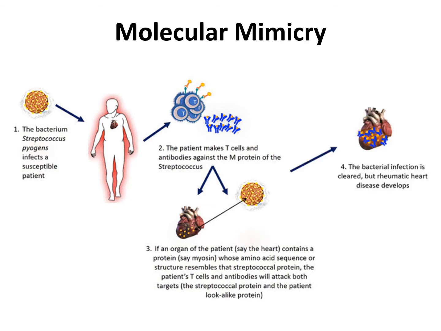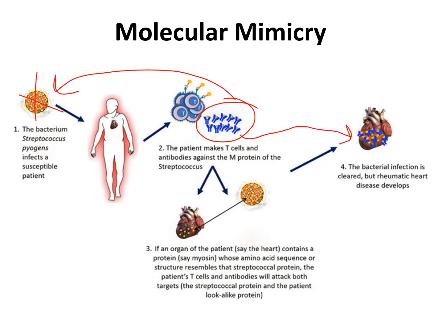So that when the infection is cleared, once all of these antibodies and CTLs have cleared the microbe from the body, then those remaining antibodies now start binding to the self molecules that are similar in shape to that antigen. So it's basically a cross reaction.